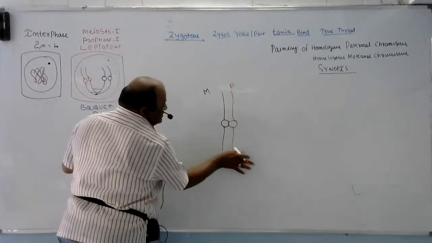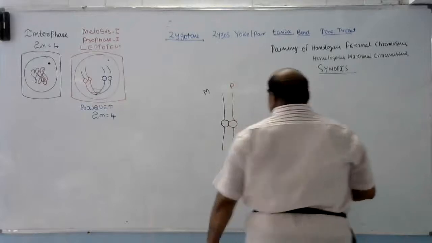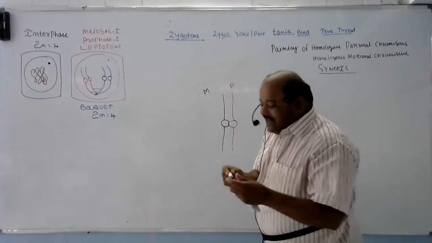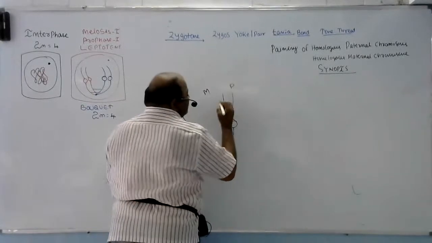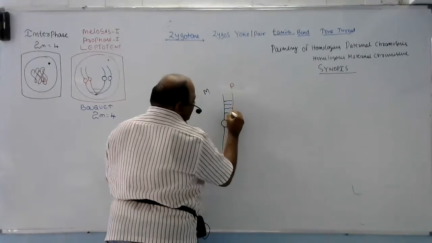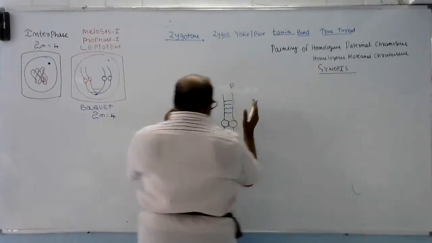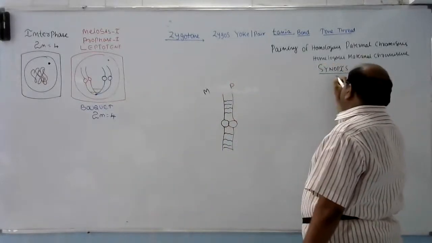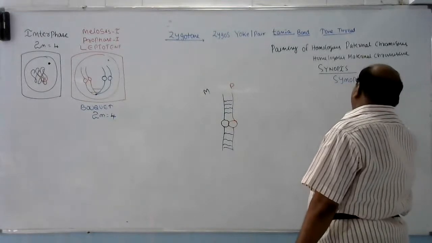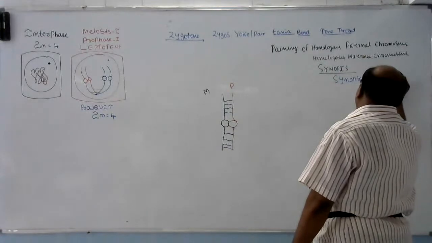Now when synapsis is completed, both maternal and paternal chromosomes are held together by some specialized protein structures. The specialized protein structure which is useful for their pairing process is called the synaptonemal protein or synaptonemal complex.